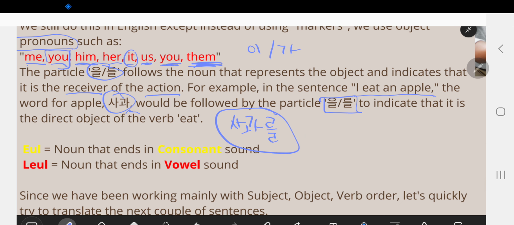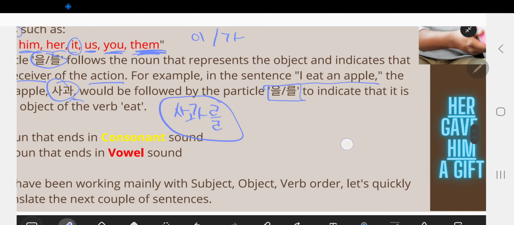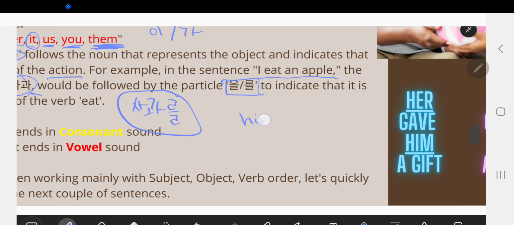So, for example, if I say something like this, "him, hit," and we know the context, that means I hit him, or you hit him, or they hit him. We don't really know what the subject is yet. Subject, we don't know. But somebody hit him. Now, if I did this, he hit somebody.